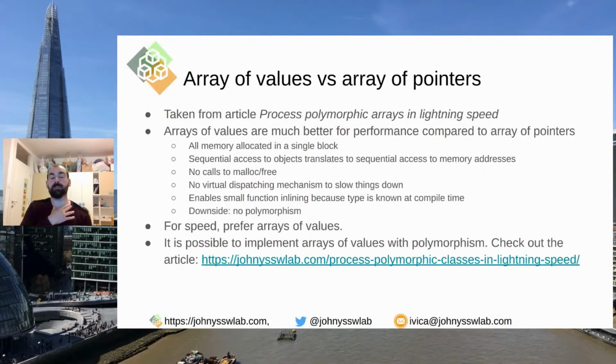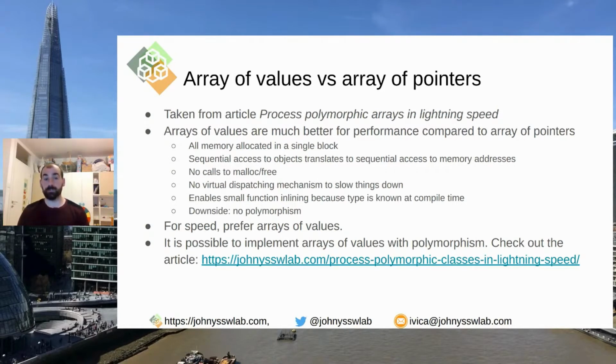So again, I'm talking about the array of values versus array of pointers. This is taken from an article I wrote on my blog. Arrays of values are much better for performance compared to arrays of pointers. Why? All memory is allocated in a single block, which means no calls to malloc and free, less memory fragmentation, and sequential access to objects translates to sequential access to memory addresses.